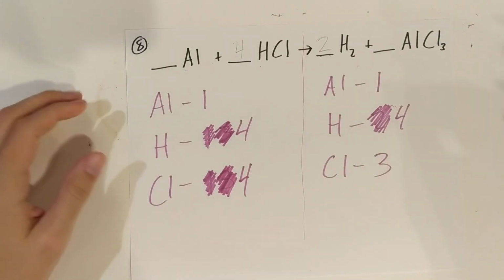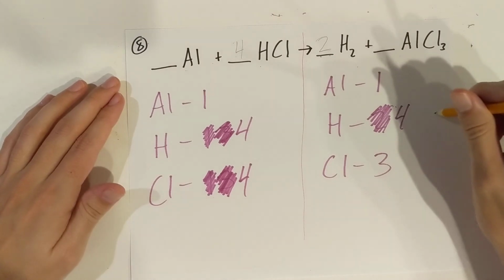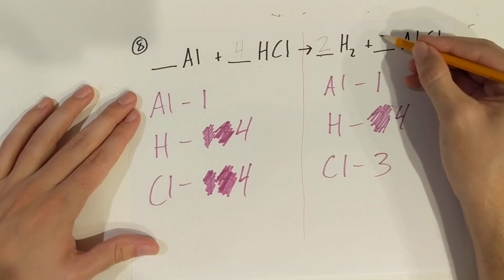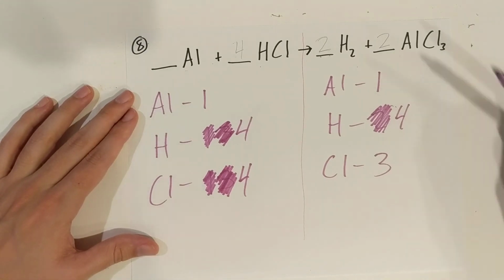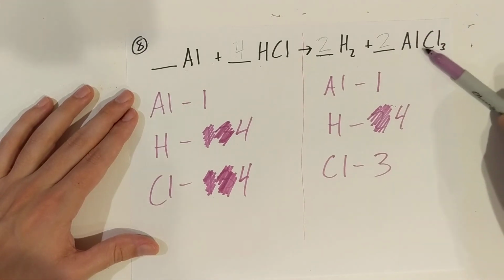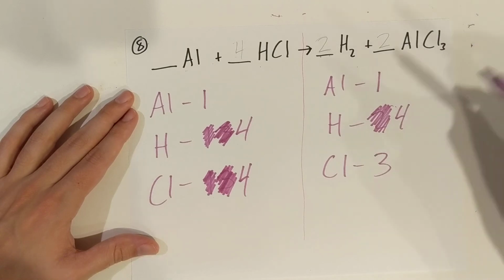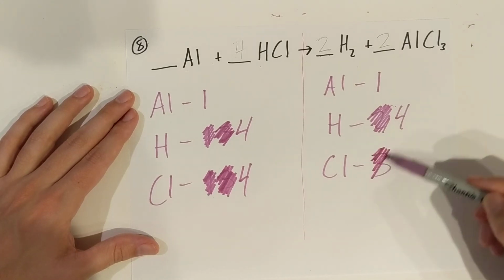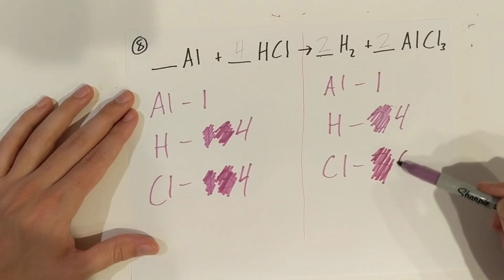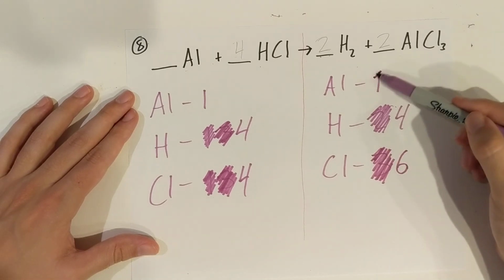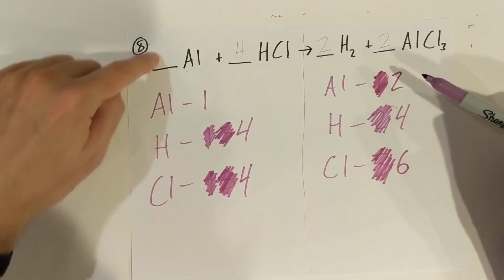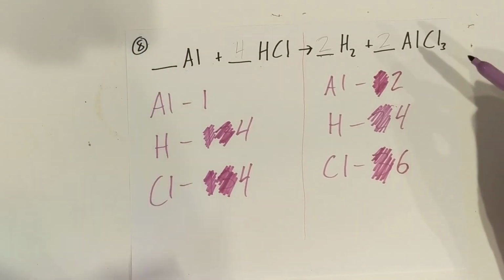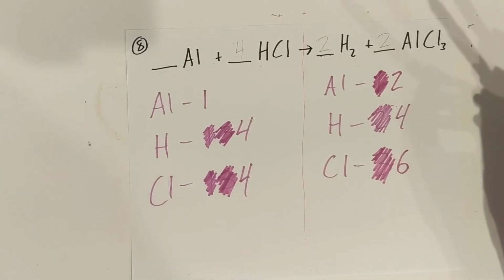So I need more chlorine on my product side. All right, so we have to do that by increasing our chlorine here. So by doing that, I have 6 chlorine now. But I also have 2 aluminum. And we don't got to worry about our aluminum. Remember, I could always change this to whatever number of aluminum I want. So we'll worry about that last.